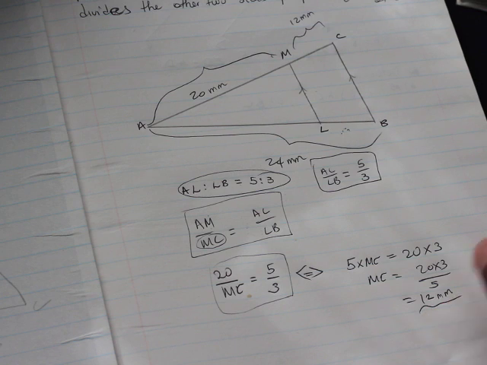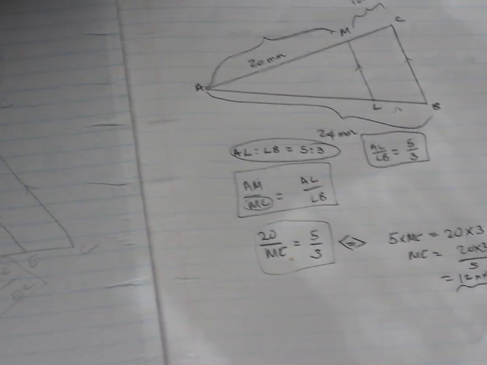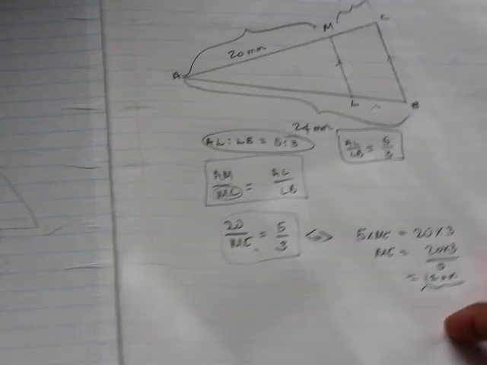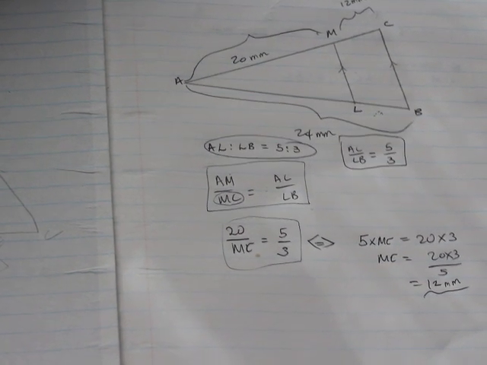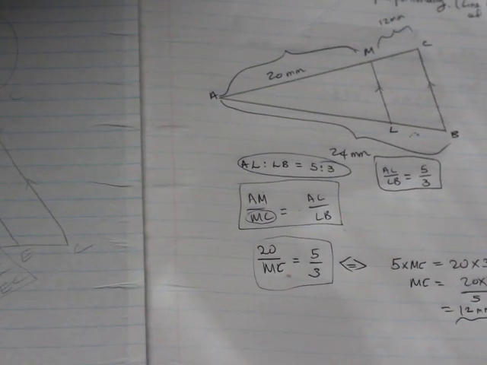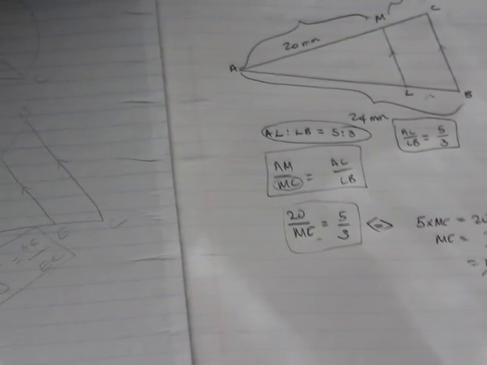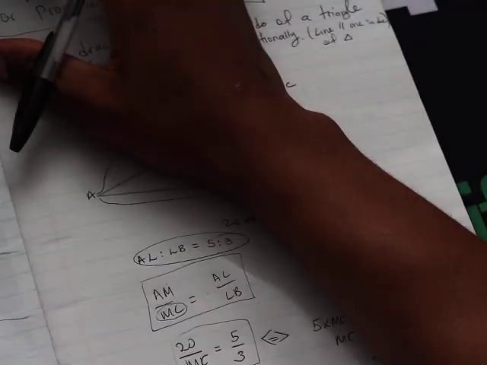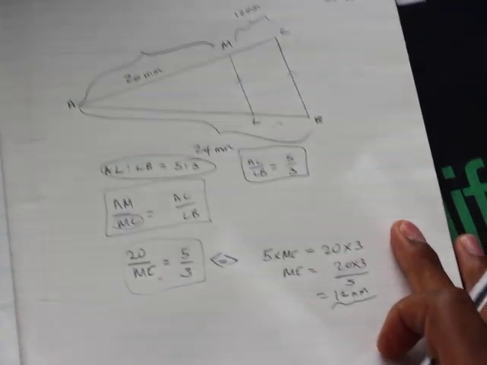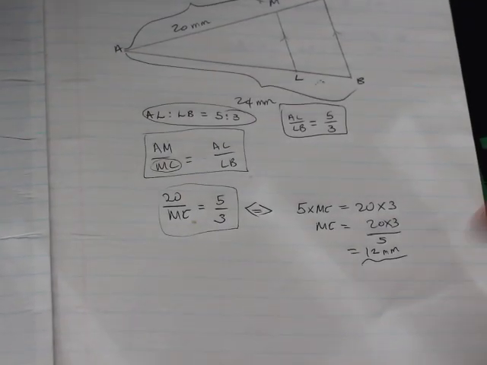We can try and rewrite this, and let me just fix this a little bit so that you guys can see properly. Just a second, you guys. Let's rewrite the AM over MC.